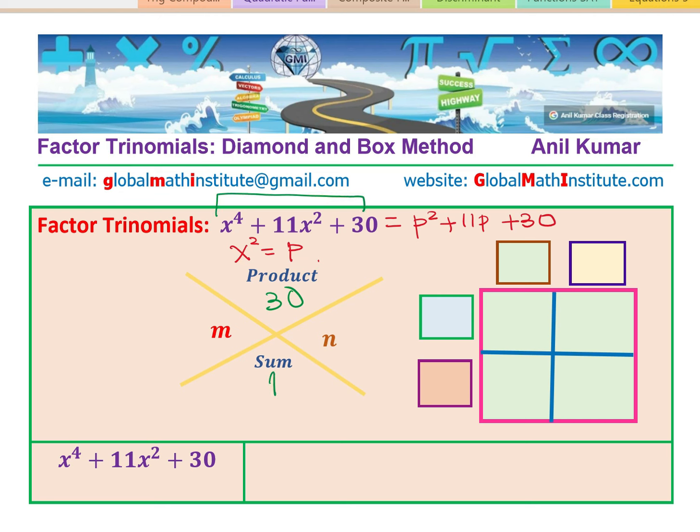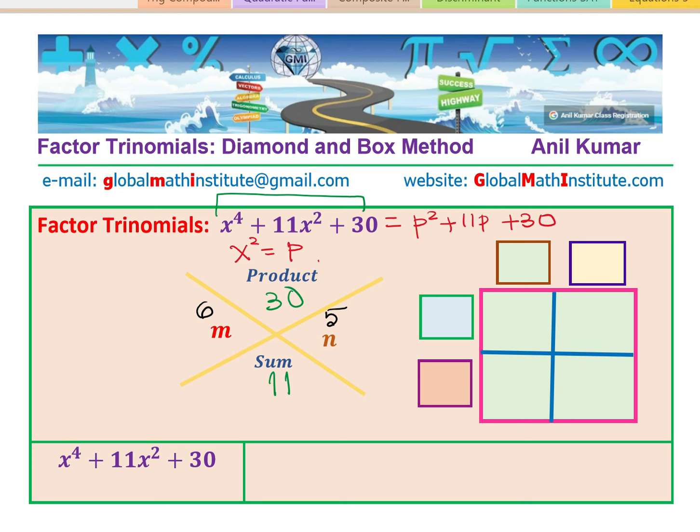And the sum we are looking for is 11, right? So 6 times 5 is what gives us 30 and 11. So we can write the m value as 6 and the n value as 5. We get all the numbers which we should put in the box. So that is the best way to do it, right?